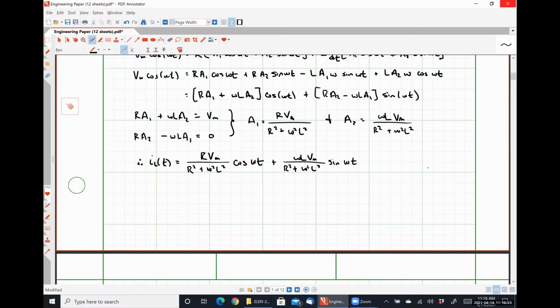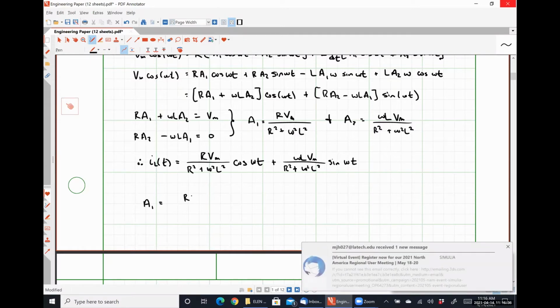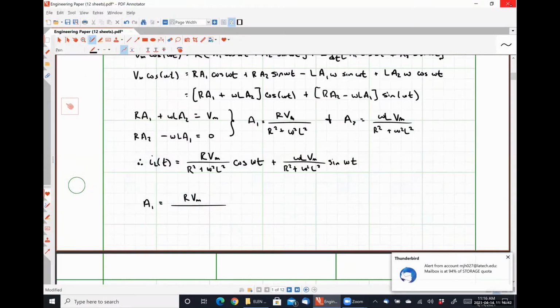So since we know that, well, let's do this here. We know that A1 is equal to R Vm over R squared plus omega squared L squared.